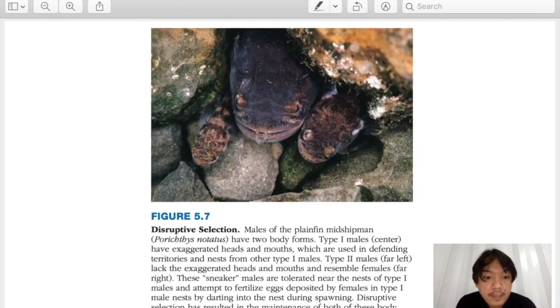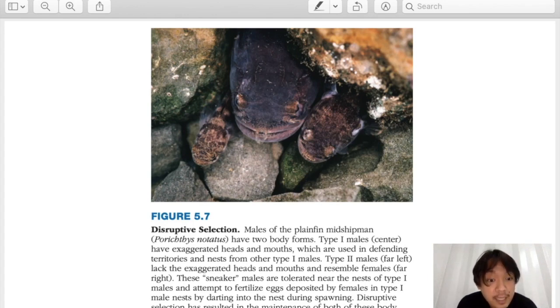An example of disruptive selection: the males of the plainfin midshipman have two body forms. The type 1 in the center have exaggerated heads and mouths, which are used in defending territories and nests from other type 1 males. Type 2 males in the far left lack exaggerated heads and mouths and resemble females.